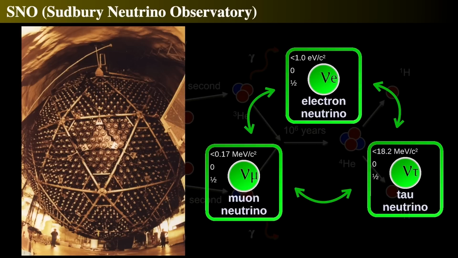So the validation that nuclear fusion happens in the sun and the standard solar model is a real thing. This was such an important development that in 2015, the Nobel Prize for Physics was awarded to Arthur McDonald of the Sudbury Neutrino Observatory and Takaaki Kajita of Tokyo for the discovery of these oscillations.